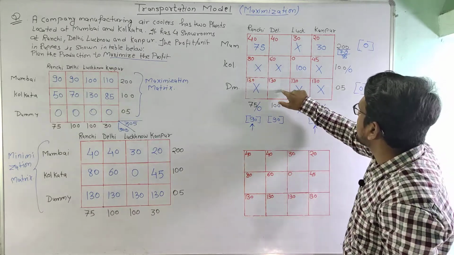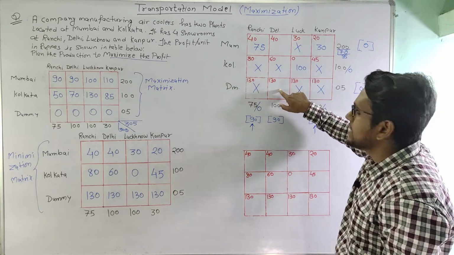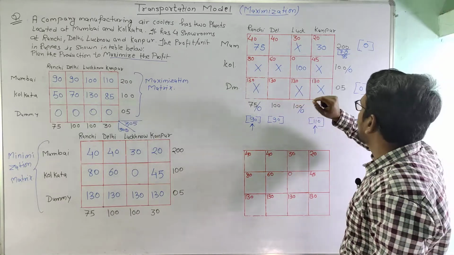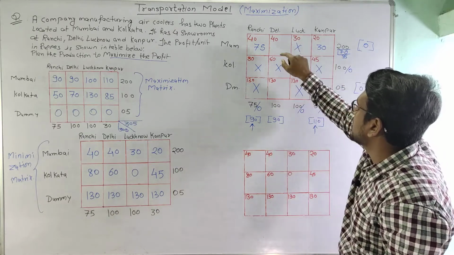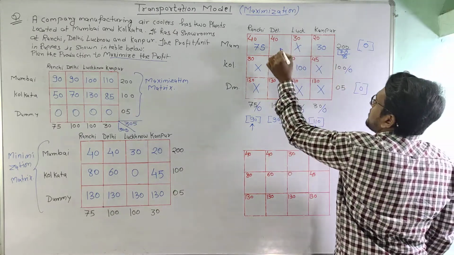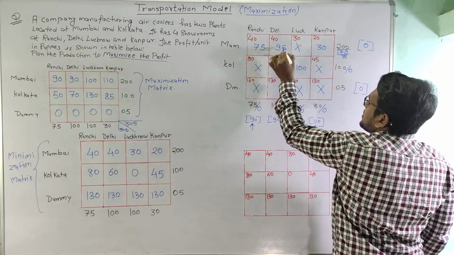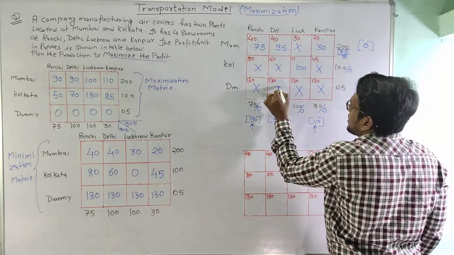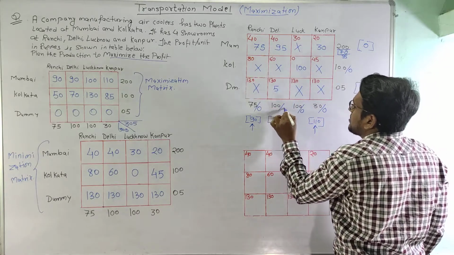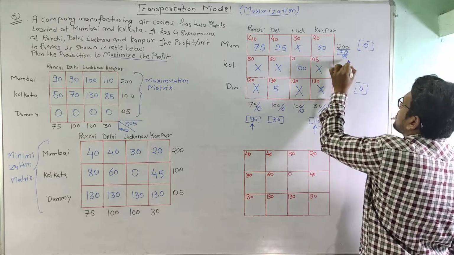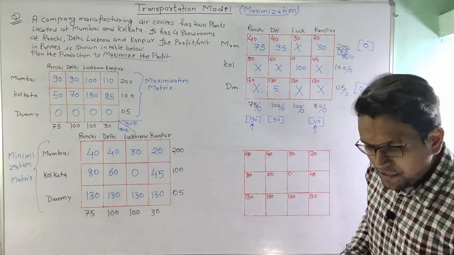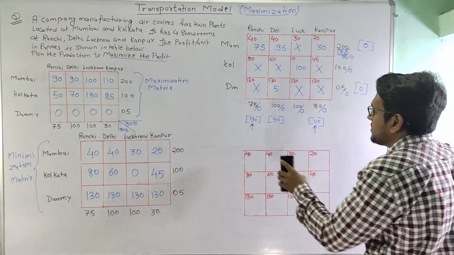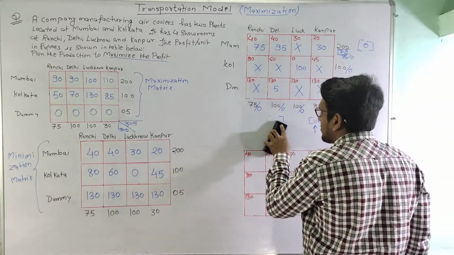Now we have only single column left, and by default we need to allocate in this particular cell. So we have 95 can be allocated here, and we have 5 can be allocated here. So this will become 0, this will become 0, and this will also become 0. Now we have a basic feasible solution here.